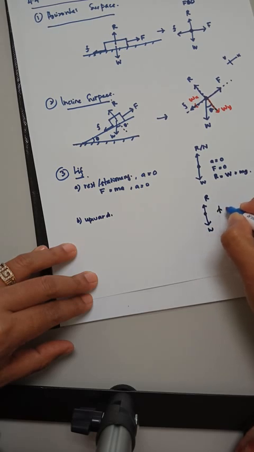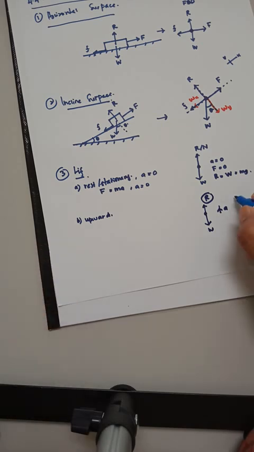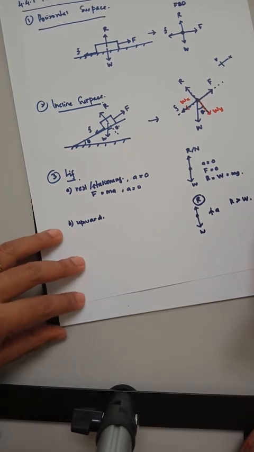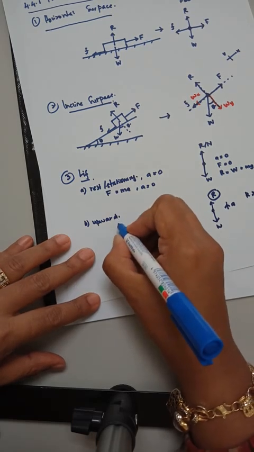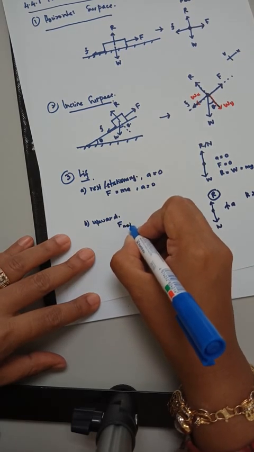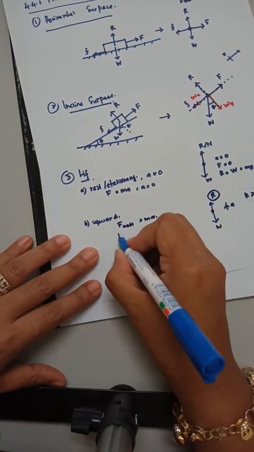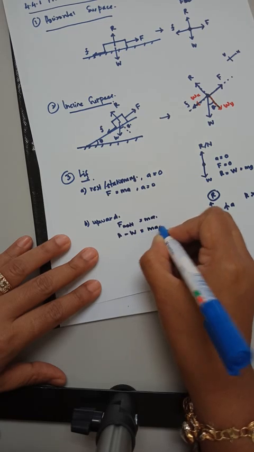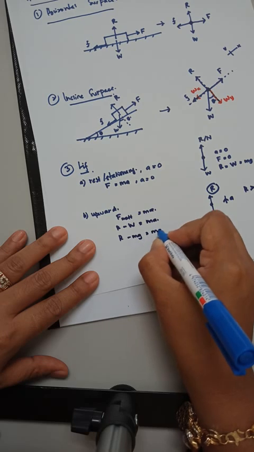When it moves upwards, R is more dominant, so R must be bigger than the weight for it to go up. So for our figure, F net is equal to MA. The bigger one is R minus W, will be MA. So it becomes R minus MG equals MA.